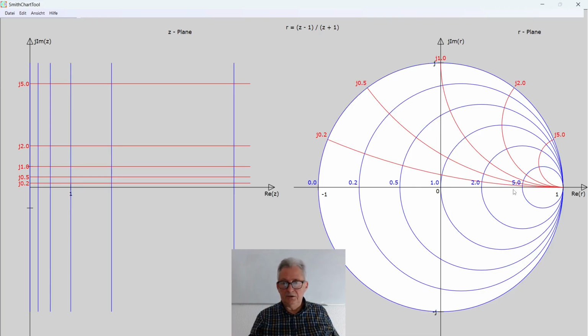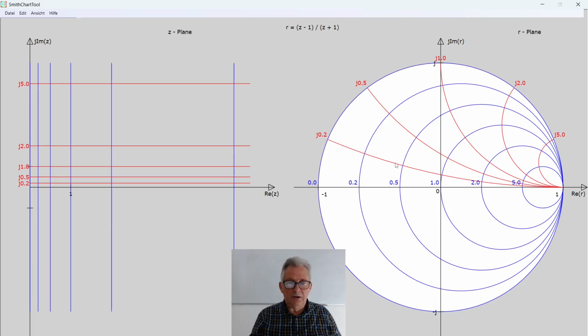Before I go to the next step, I explain that here we always have a positive imaginary part, which means these are all impedances in this part of the Smith chart with a positive imaginary part, which means these impedances have an inductive part.